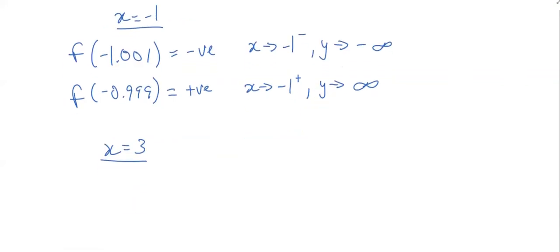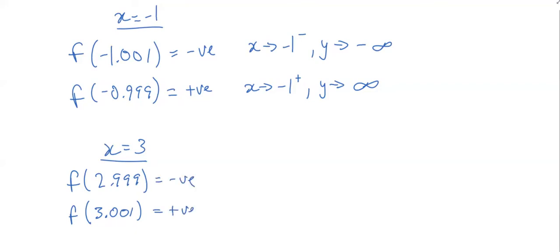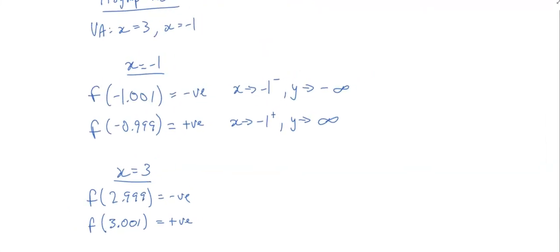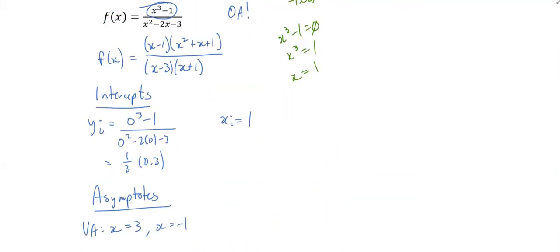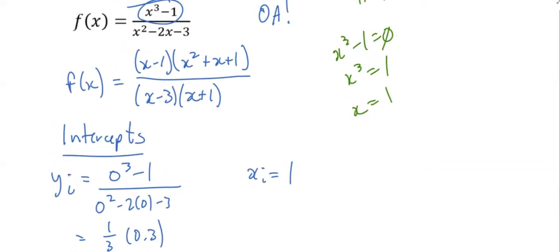X equals 3. So when we do our testing, we're going to find that this one works out to a negative and this one works out to a positive. You can always punch it into your calculator. 2.999 minus 3 is negative, plus 1 is positive, minus 1 is positive.